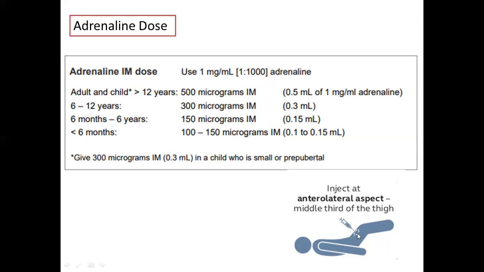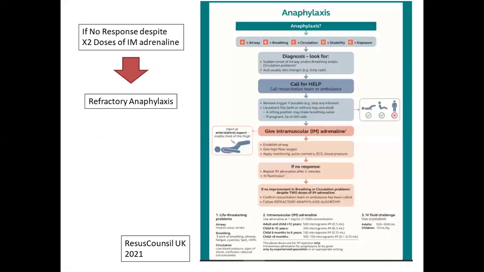These are the preferred site, anterolateral thigh. This is the anaphylaxis algorithm by the Resuscitation Council UK 2021. You get the same things we have already discussed. Get the diagnosis, remove the allergen, give IM adrenaline to this site, and airway, breathing, circulation.